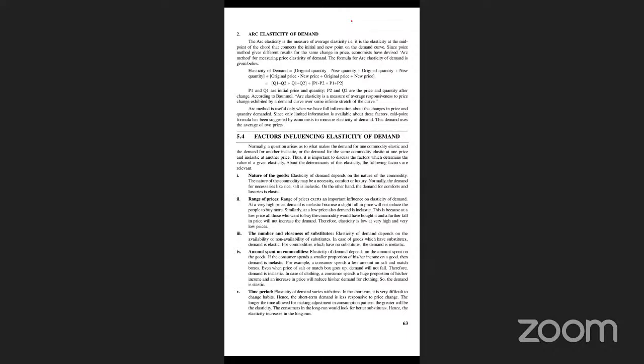So based on these three categories also, the demand per price and the corresponding quantity which is demanded will have an impact. Okay, next is the range of prices. Sometimes if prices are increased, like petrol prices, it is important here to understand the elasticity of demand.